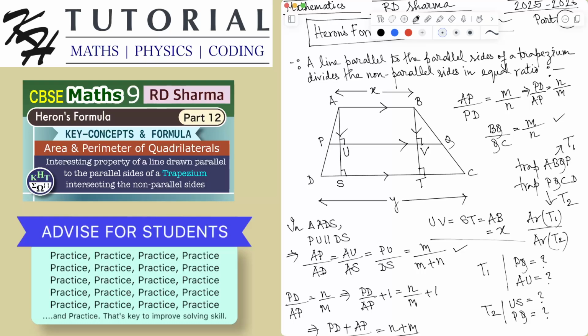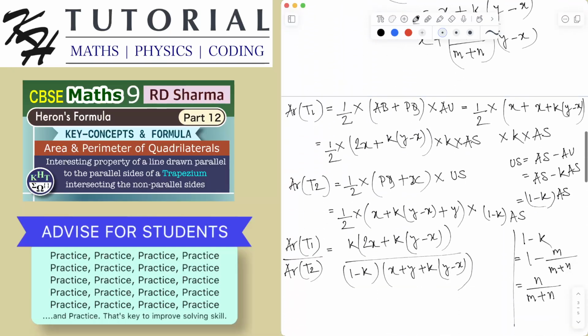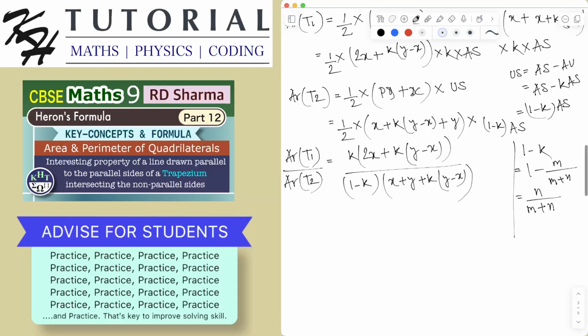In that same ratio, the ratio of the trapeziums T1 and T2 will be the same as the ratio in which the line PQ is dividing the non-parallel sides AD and BC. So this ratio must be independent of x and y. How can it be independent of x and y? We are having x and y.